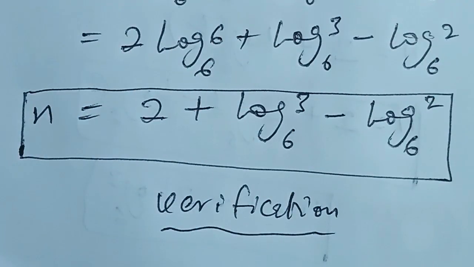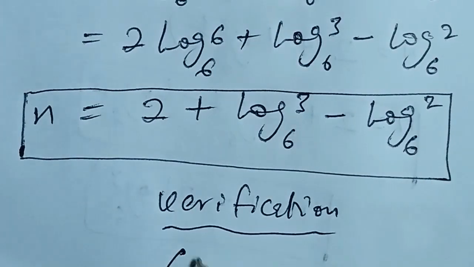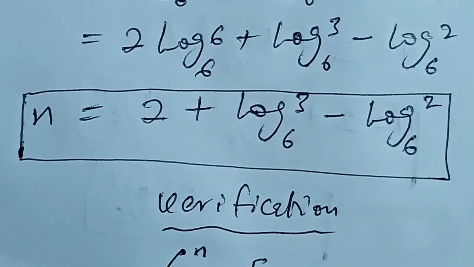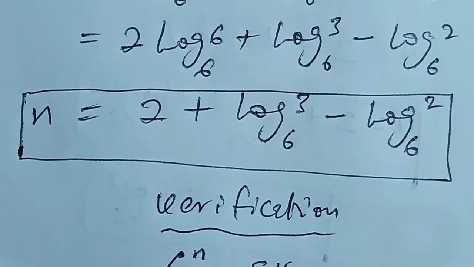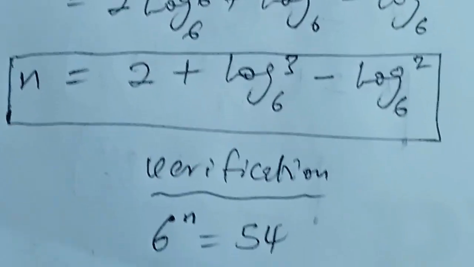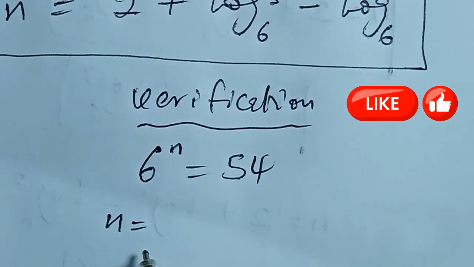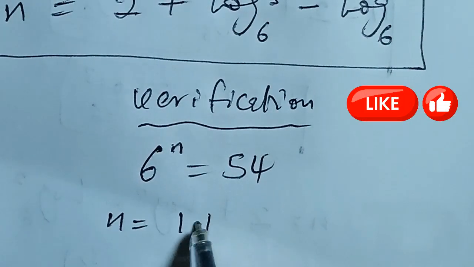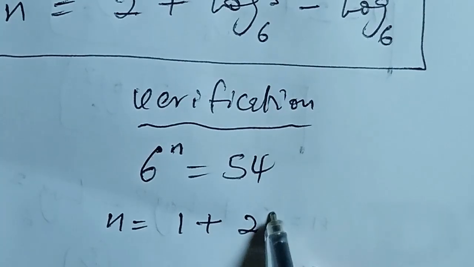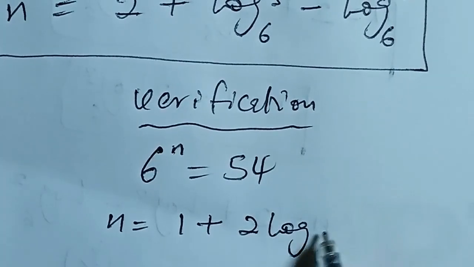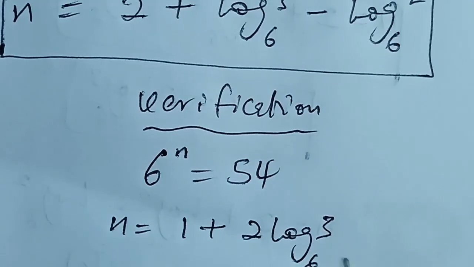Now let's verify our value of n if it satisfies our previous expression, which is 6 to the power of n equal to 54. So we are going to use our earlier value of n to verify this expression, and that value is n equal to 1 plus 2 log 3 base of 6.